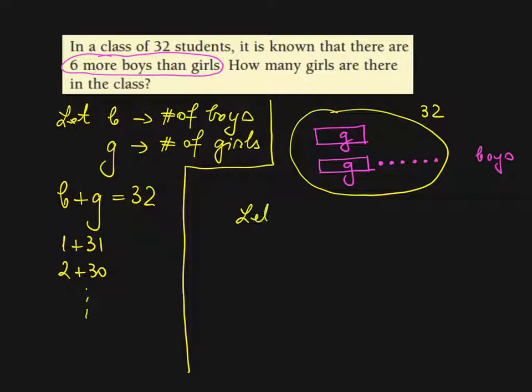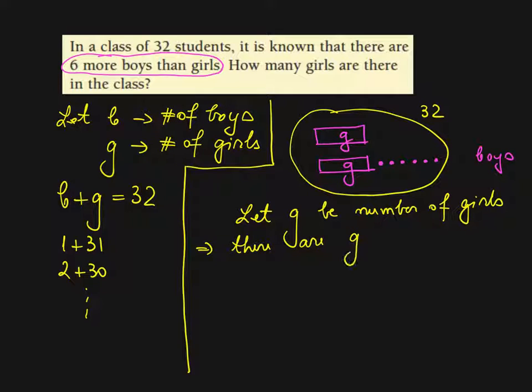So I will say let G be the number of girls. Then there are G plus 6 boys, because I know that there are 6 more boys than girls. It's not 6 times, but it's 6 more, means plus 6.